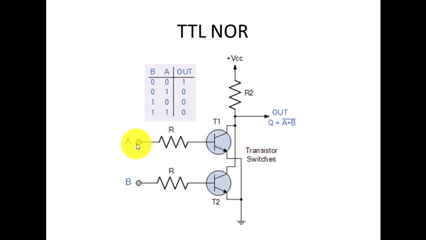If A is at logic high, this transistor will conduct the current to the ground and the output will be 0, because all the current will flow to the ground. In the same way, when B is on logic high, the current will flow through the second transistor, and if both of the transistors are on logic high, the current will flow through both of the transistors to the ground.